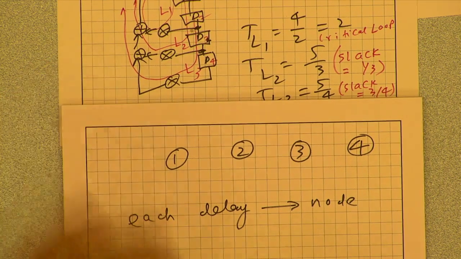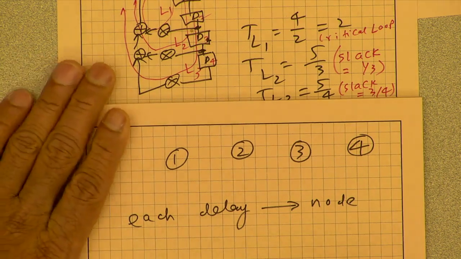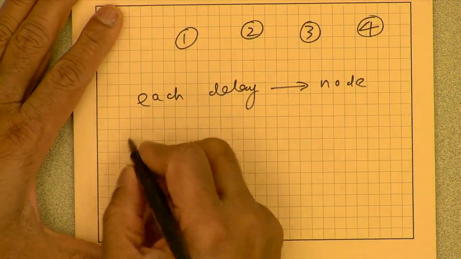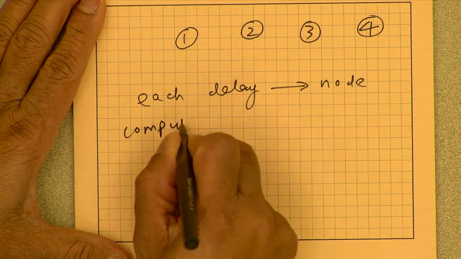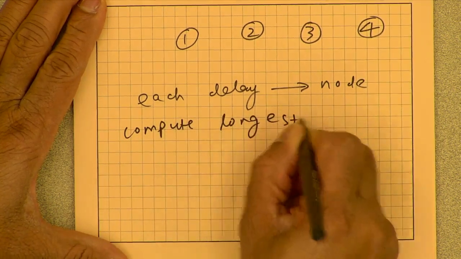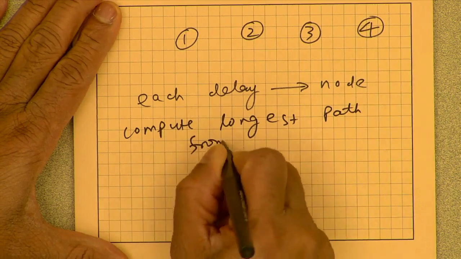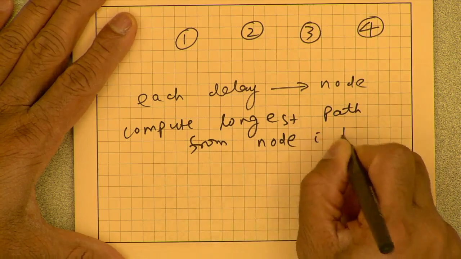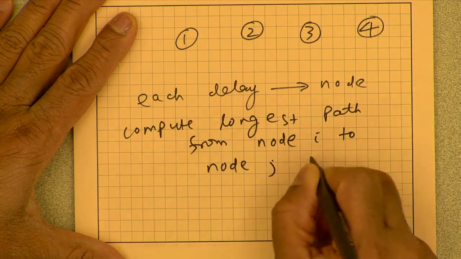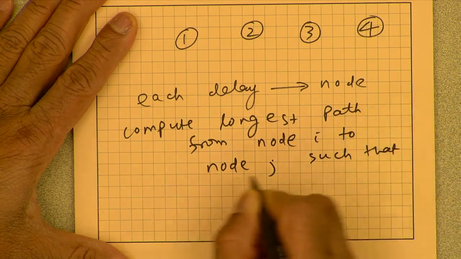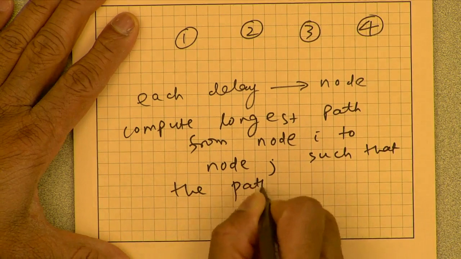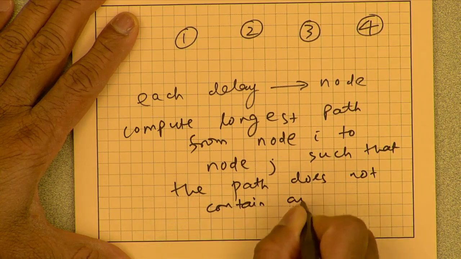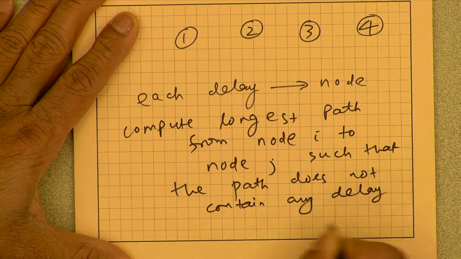Now I want to compute the longest path from node i to node j such that the path does not contain any delay element.